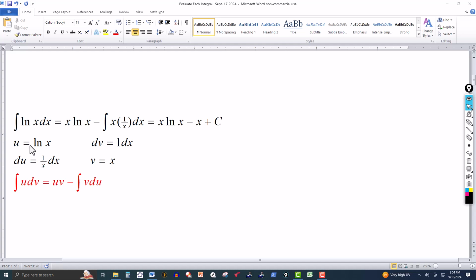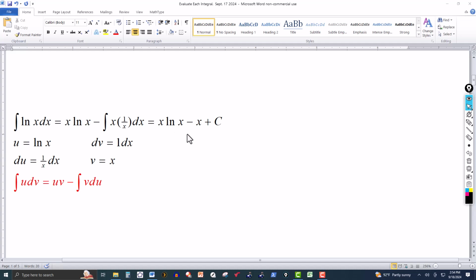You have u equal to ln of x. dv is 1 dx, or just dx. du is 1 over x dx, the derivative of ln of x. And then dv, integrate, you get v equal to x. And then use the formula I just finished using in the first part of the video. The integral of u dv equals uv. u is ln of x, v is x, there's the product.